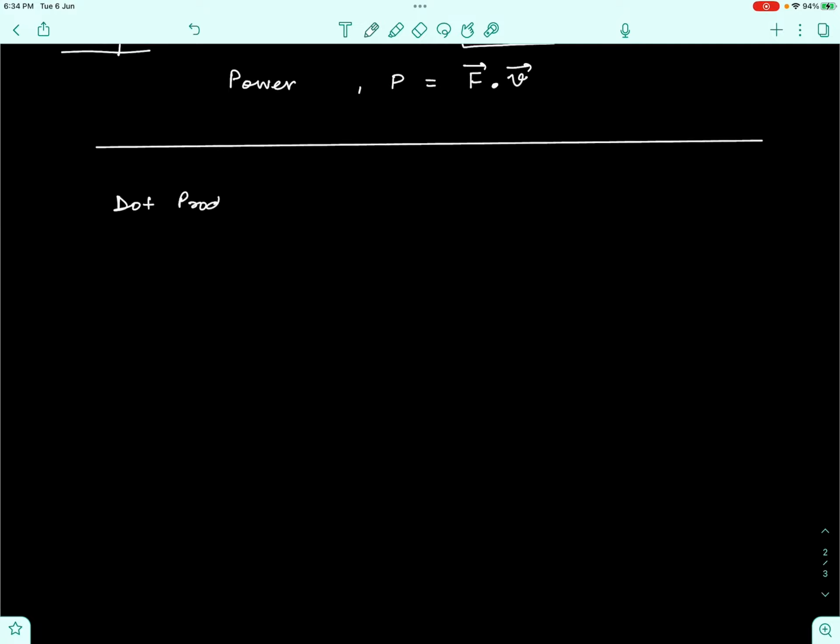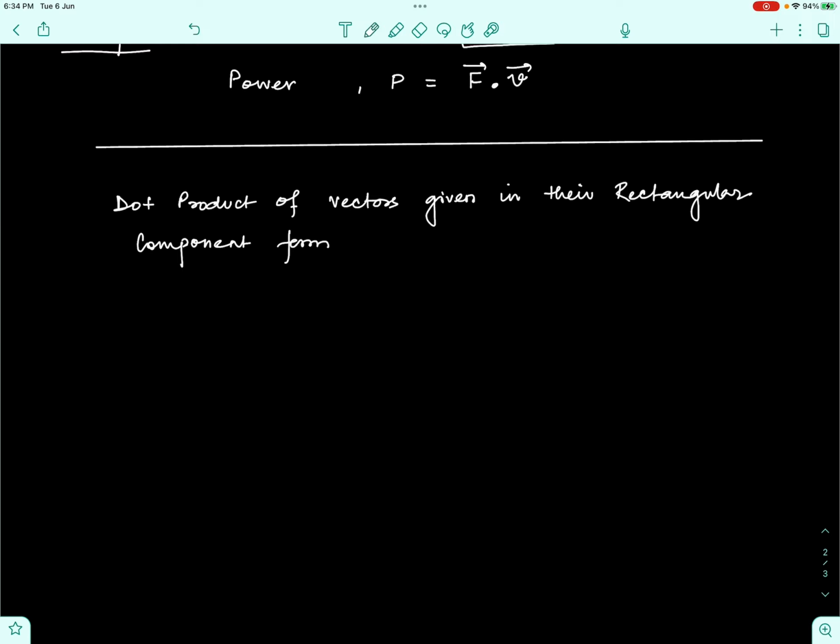dot product of vectors given in their rectangular component form. What does that mean?